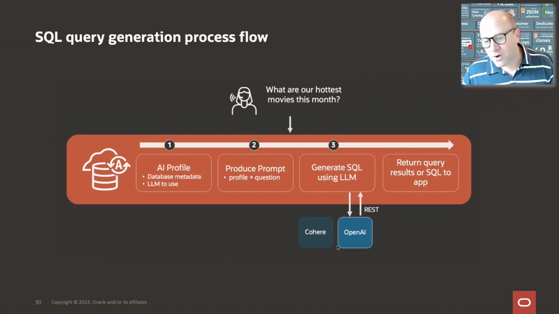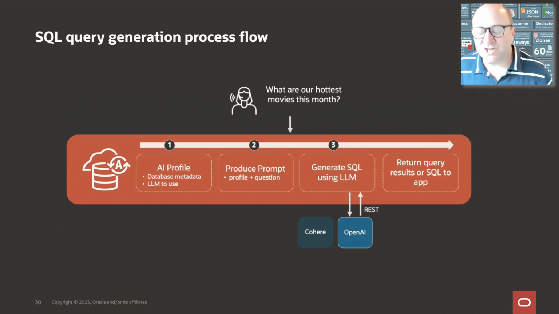And that model is responsible then for generating queries. Now here we have Cohere listed and OpenAI. And the plan is, the way it's architected, as you can see, is it's pluggable, right? So if there's a healthcare model, we'll have the possibility to use language that's specific to healthcare or financial services or retail or telco, right? So we'll have the ability to add your own models here, to make things much more flexible, right?